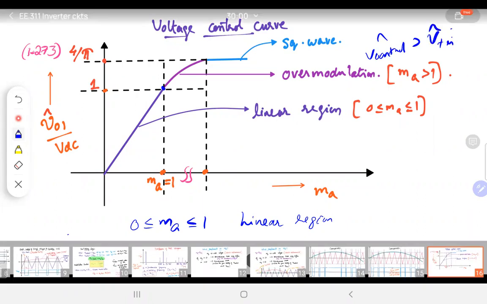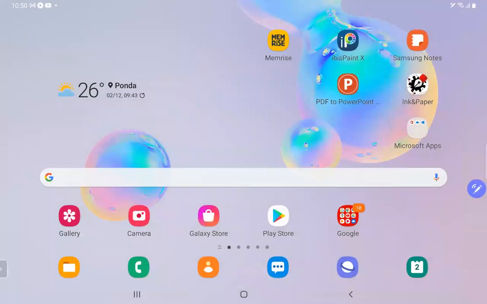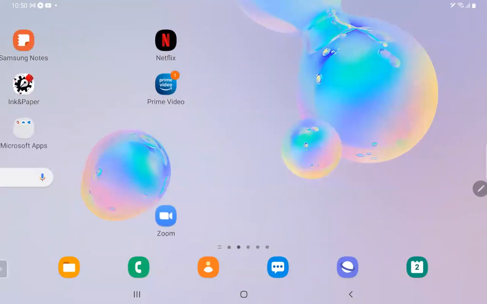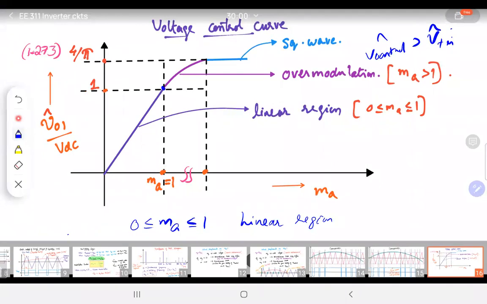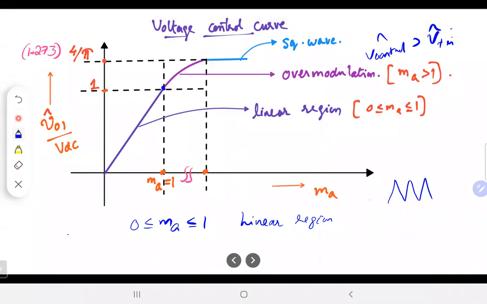We might have a situation where there is a huge region of V control where it is greater than V triangle. As we go further and further, you may have larger and larger voltage, eventually reaching the square wave. If you have a triangle and the sine is always greater than that, there would be only a very small number of pulses in the beginning, a few pulses, and then it is gone.